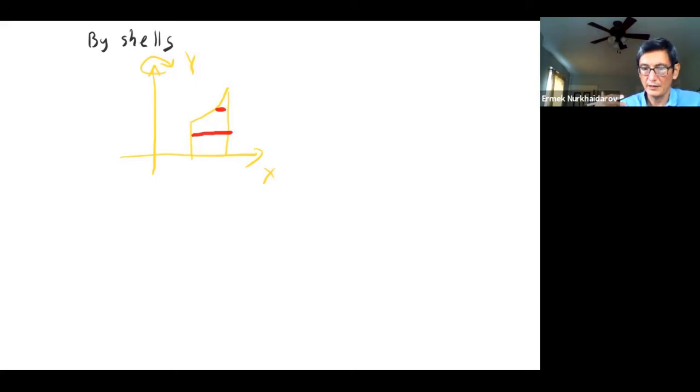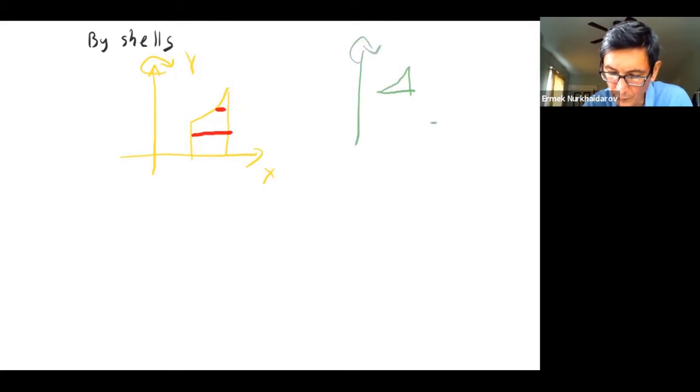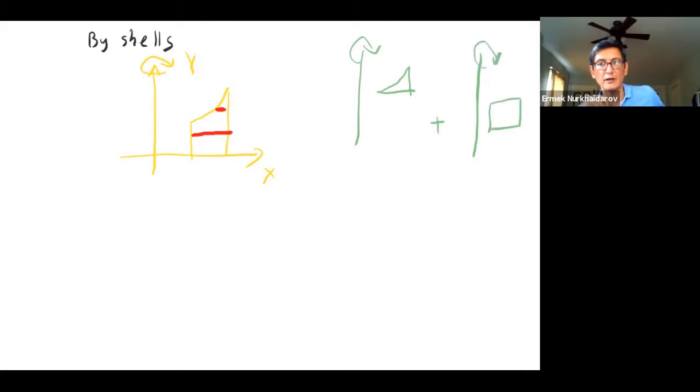So right from the beginning, I'll have to split the problem into two pieces. I will have to rotate the top part, and I will do rotation of the bottom part separately. That's already more confusing.